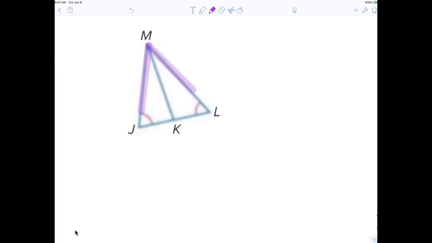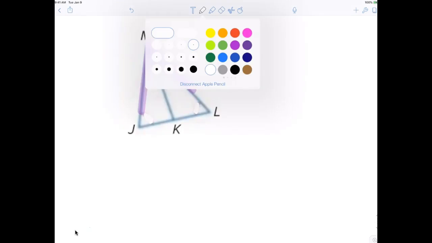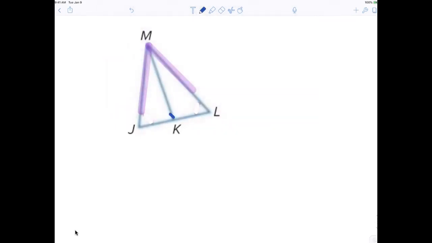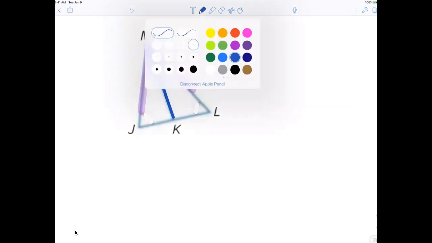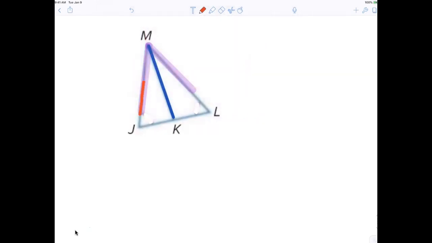Your problem is you're looking at this figure. This should not be here. I'm going to erase this because this is messing you up. Here is MK. Watch me now. It's bisecting this angle right here. So what's true? I would want you to be able to look at that and say these two angles are congruent. What two angles are congruent?